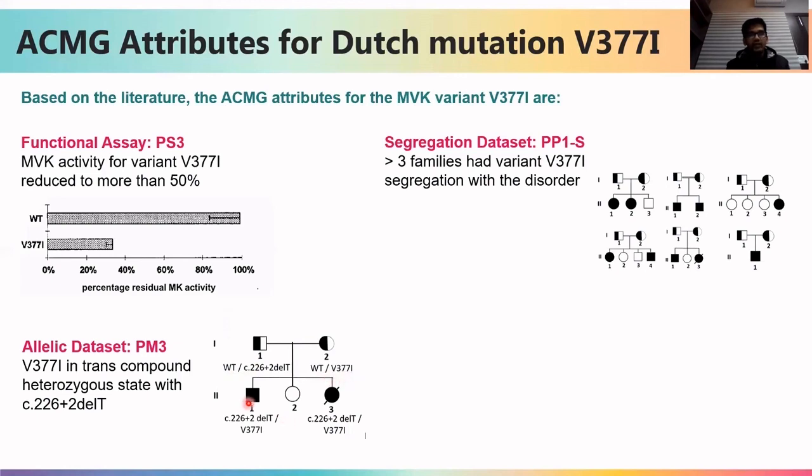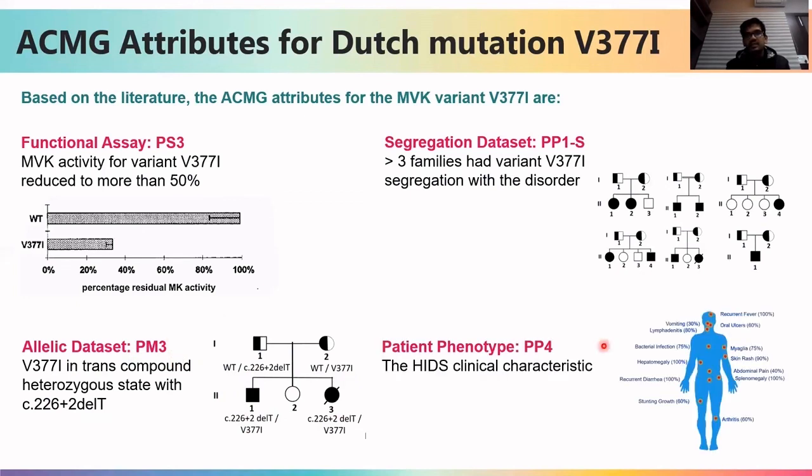Both the affected children have inherited both pathogenic mutations in both copies of the gene, and they are manifesting the symptoms. So it is in a trans compound heterozygous state. So for that, we will mark this particular variant as PM3.